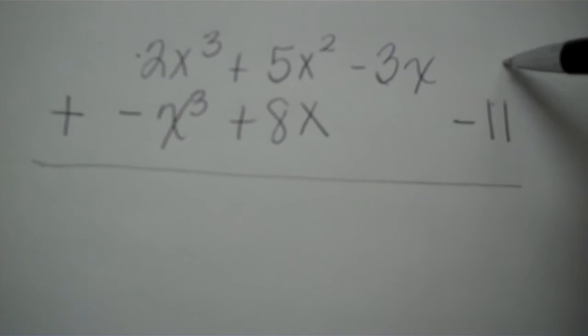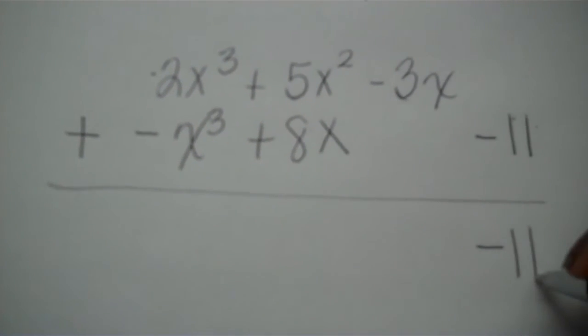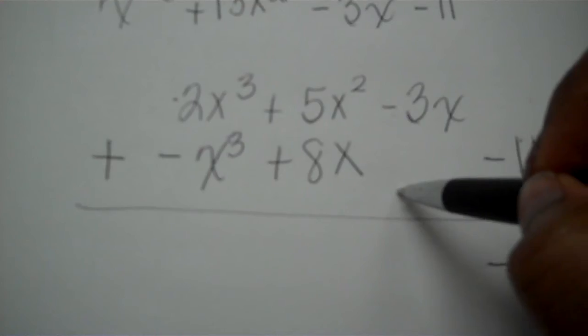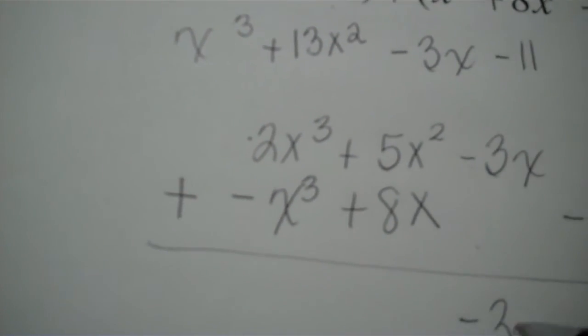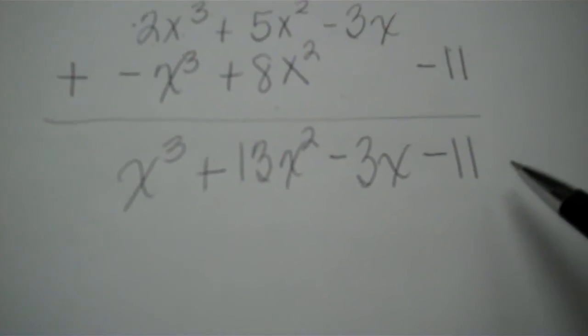So then this is like saying 0 minus 11 is negative 11. Negative 3 plus 0 is still negative 3x. 5 plus 8 is 13x squared. And then 2x plus a negative 1 is x cubed. Still have the same final answer.